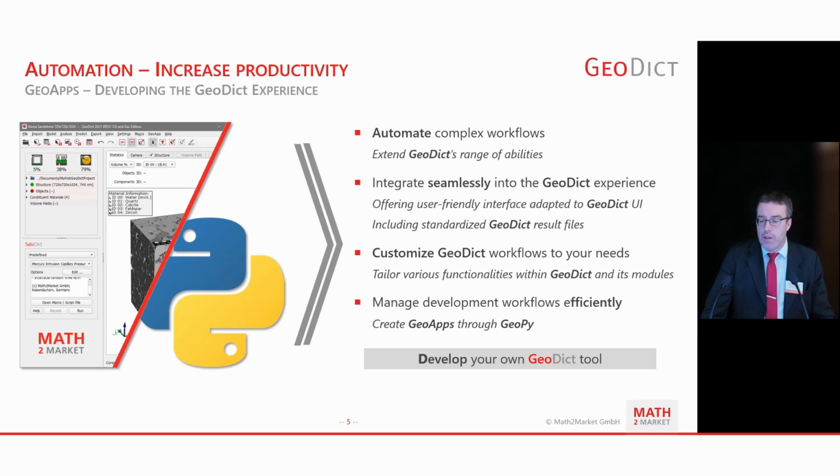They extend and customize GeoDict to automate and simplify complex workflows, seamlessly integrate and centrally control various functionalities within GeoDict and its modules. They are powerful tools to automate, simplify, and extend GeoDict's range of capabilities with a user-friendly interface adapted to the GeoDict UI, as well as standardized result files, as we have already seen a bit of in the previous talk.